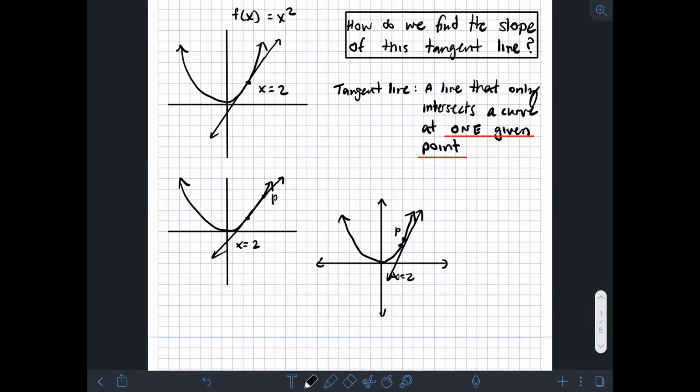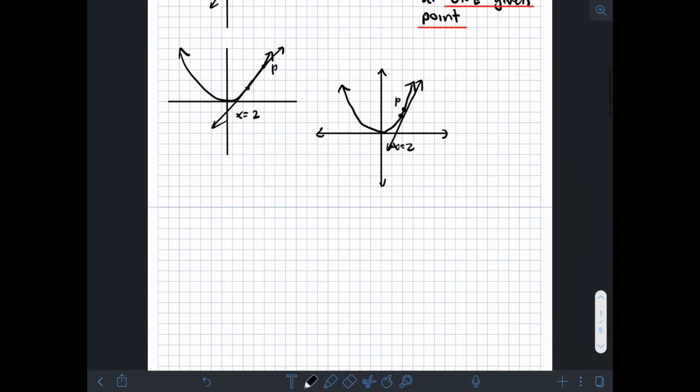All right, let's write this out more formally. So I'm going to call this point O. So when we talk about limits, we write it out mathematically as the limit as P approaches O of the slope of our secant line is equal to the slope of our tangent line.